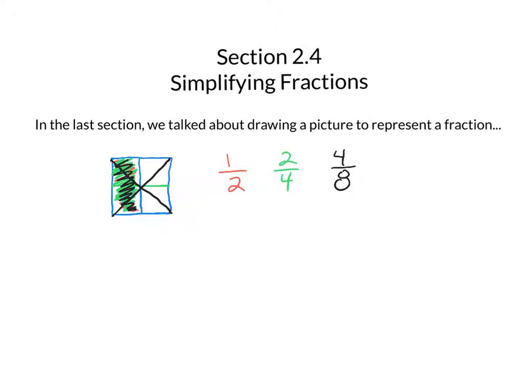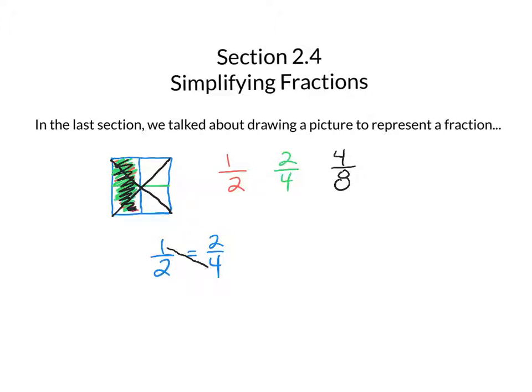But rather than drawing pictures all the time to show that we have equivalent fractions, there's another way to do it. We know from what we just went through that 1/2 and 2/4 are equal to each other. They show the same amount. Notice that the cross products of these two fractions are equal to each other. And what I mean by that is this.